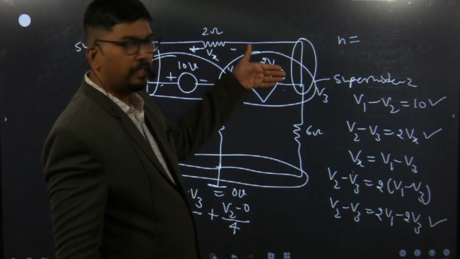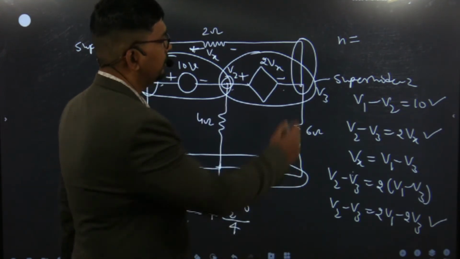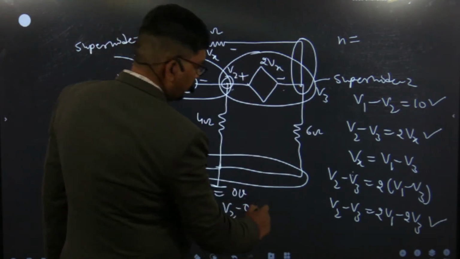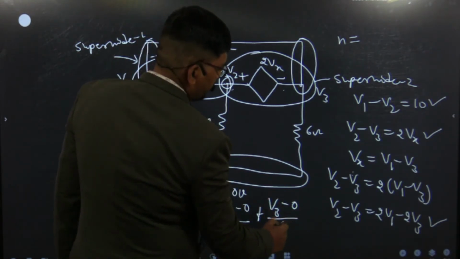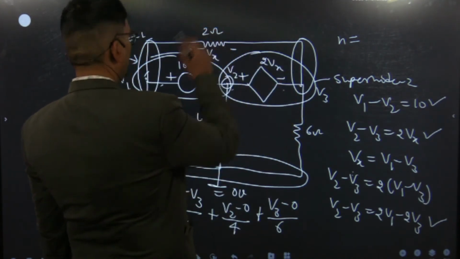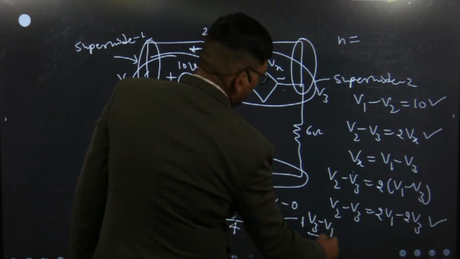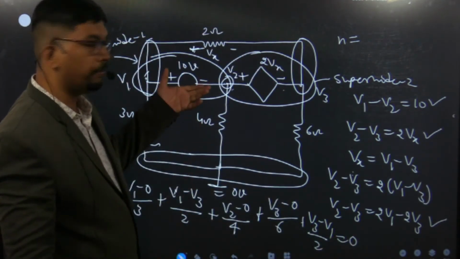Now go to the other terminal of the super node, that is V3. At V3 there are two elements, a 6 ohm and a 2 ohm. The current in the 6 ohm is V3 minus 0 upon 6, and the current in the 2 ohm will be V3 minus V1 upon 2, and the sum equals 0.